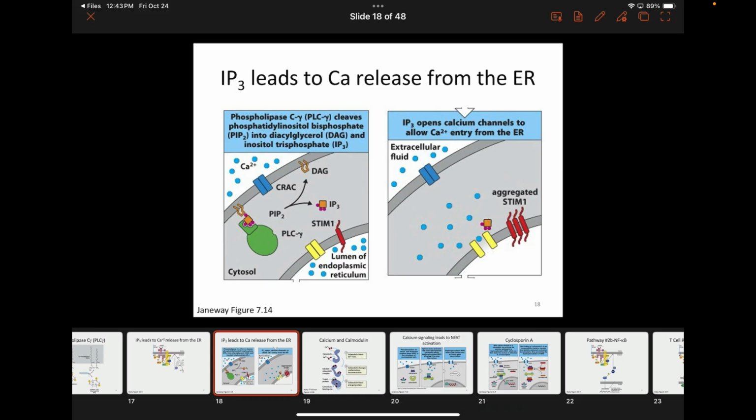This is a key thing that's used throughout cell biology in a lot of kinds of signal transduction. You've probably seen calcium before as a second messenger, or you've heard about second messengers. Calcium release in this way is frequently a second messenger. It's part of the reason why the cell is so picky about not having calcium in the cytoplasm, so that it can use it as a second messenger when it needs to.